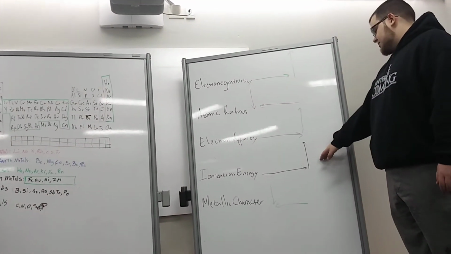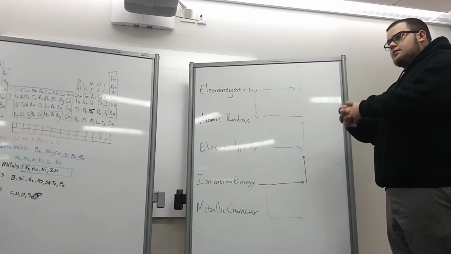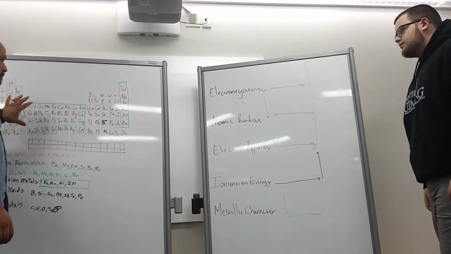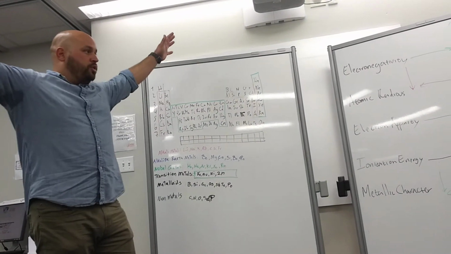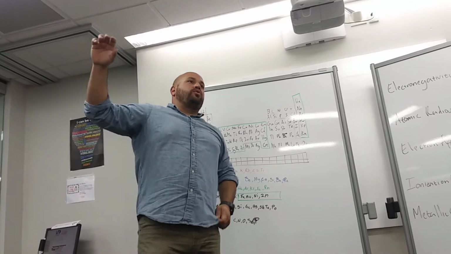But the ionization is like I had explained, needing more energy to make them split up, as opposed to the stuff that's more metallic, which are usually bigger and easier to break apart.